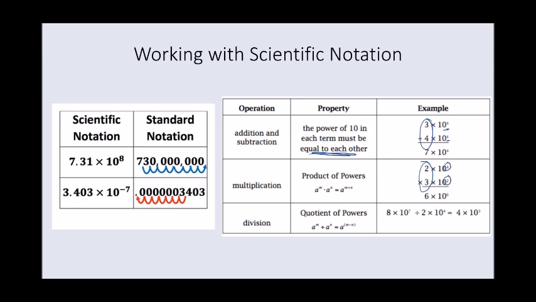With division, it's the same kind of idea, except you are subtracting those powers. So you would divide 8 by 2 to get 4, but instead of adding the 7 and the 4, you're subtracting 4 from the 7, and that's how you end up with 3. We'll do a few practice problems involving this in a minute.